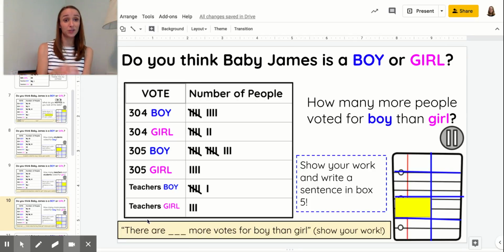Once you know that, you can compare that number to the number of girl votes. I'm looking forward to seeing your number sentence to show your work and a word sentence. There are blank more votes for boy than girl. That's in box number 5. When you are ready, go ahead and click pause, and then when you're ready, click play.